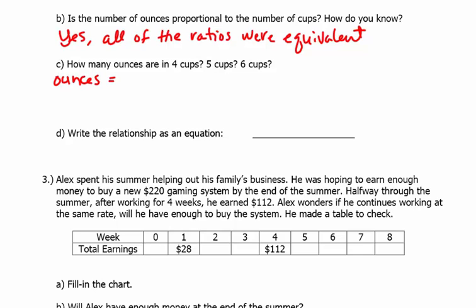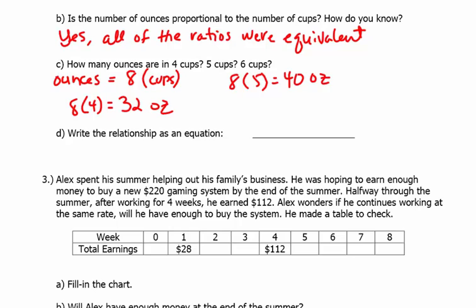So the ounces is equal to 8 times the number of cups. So for the first one, it would be 8 times 4 is 32 ounces. That's for 4 cups. 5 cups, 8 times 5 is 40 ounces. And for 6 cups, it would be 48 ounces.